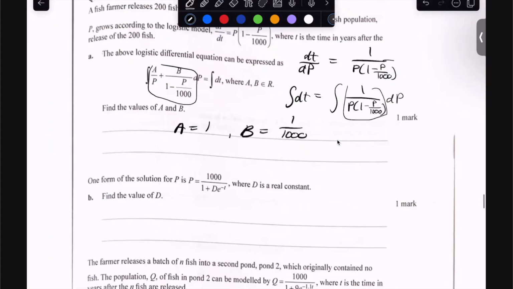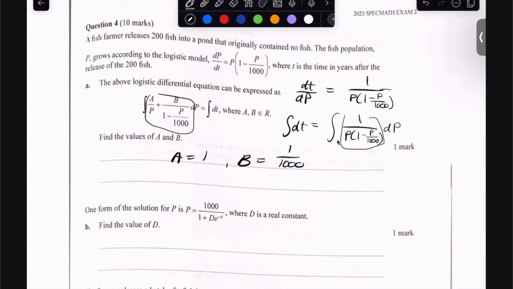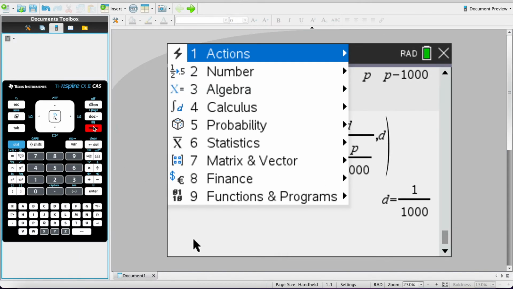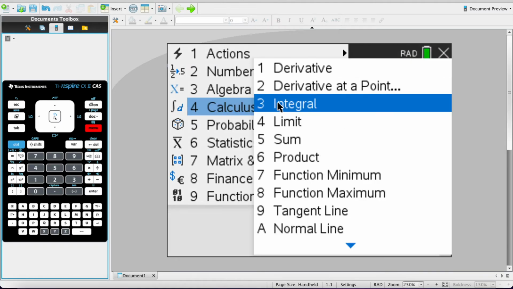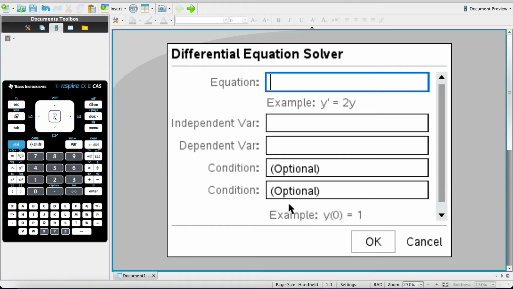One form of the solution for p is equal to that, where d is a real constant. Find the value of d. Alright. So we probably want to solve this differential equation. What you can do is there's a differential equation solver here.